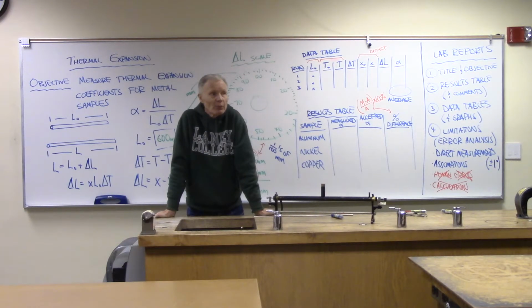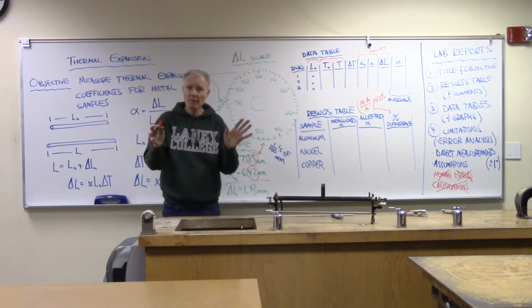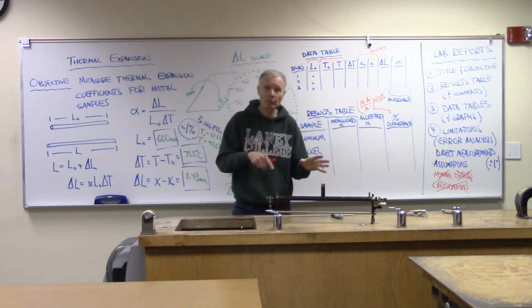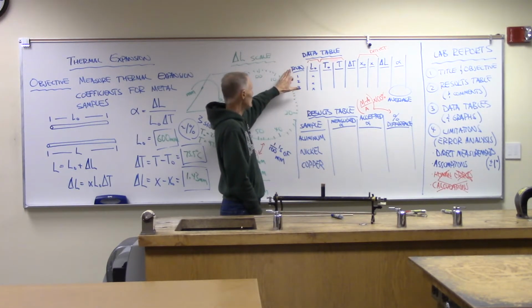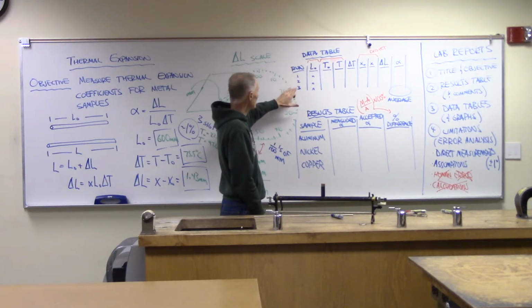By the time we've done 3 measurements, we're starting to get a pretty good idea of how much reproducibility there is in the set of measurements. So that's going to be our plan for the day. For each one of the 3 samples, we're going to do 3 runs: a first, a second, and a third run.